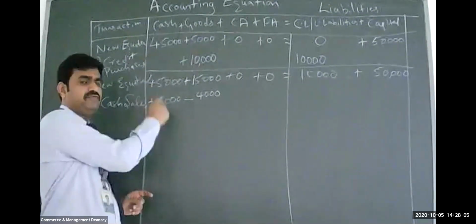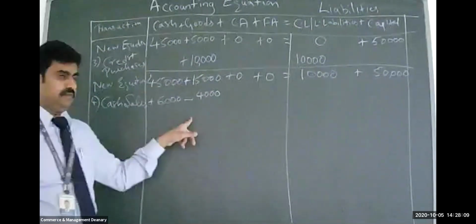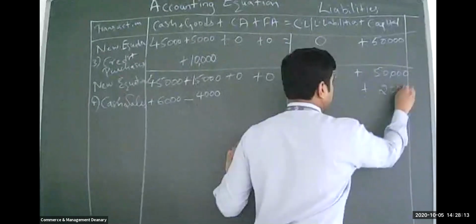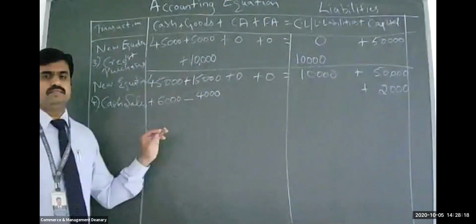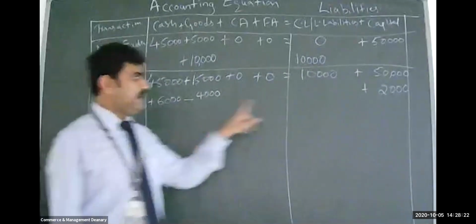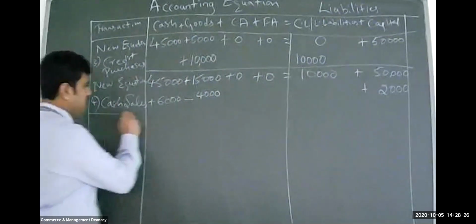So I made a profit of 2,000. That profit I have to add to capital. Now is it tallying? Yes. Plus 6,000 minus 4,000 is plus 2,000, and here it is 2,000. So it is tallying. Now write down the new equation.